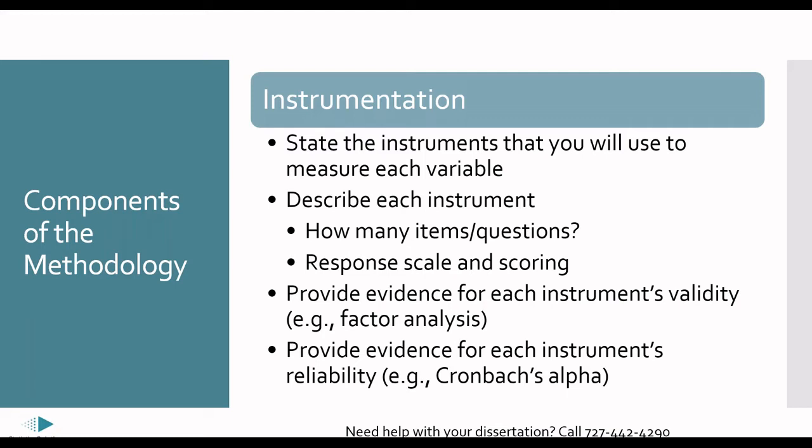And then for reliability, most of the time, this would be a Cronbach's alpha or similar reliability coefficient, or it could come in the form of correlations such as a test-retest correlation or a split half correlation to test the instrument's reliability. But again, typically information for both validity and reliability will be found in the original article that describes how the instrument was created.